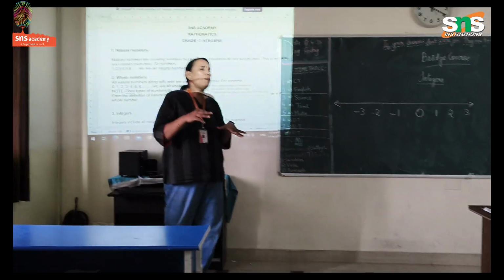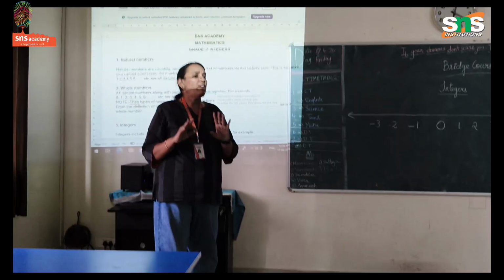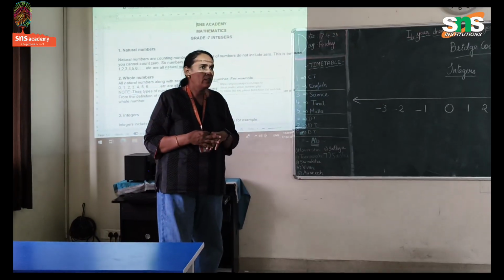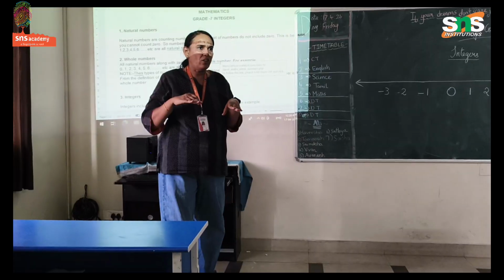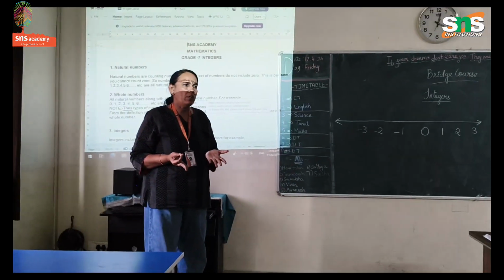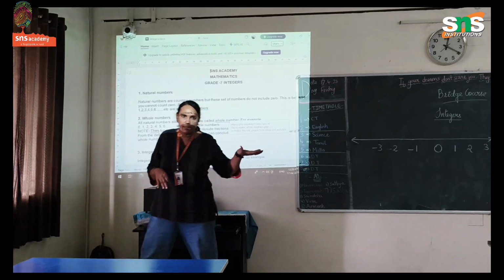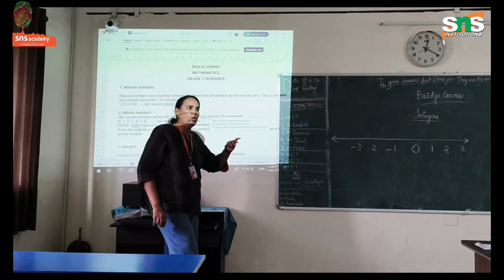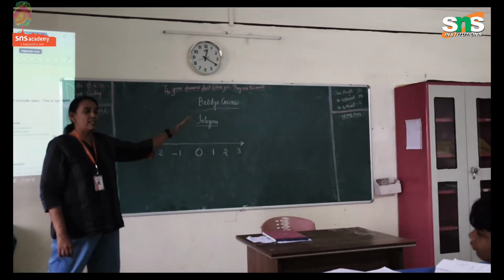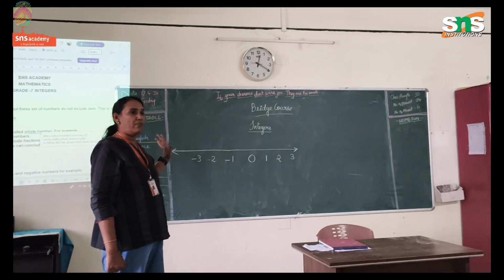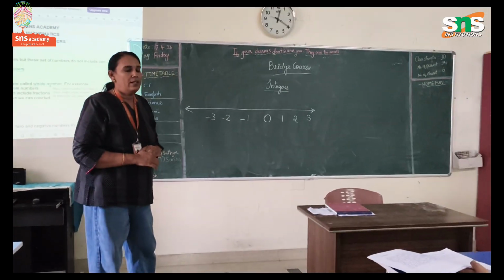Somebody who is borrowing more money, what about the value of that particular person in the society? They will degrade. That is the nature of human beings. So when I am borrowing money, my value is decreasing. So when you are moving towards the right hand side, the value is increasing. When you are moving towards the left hand side, the value is decreasing.